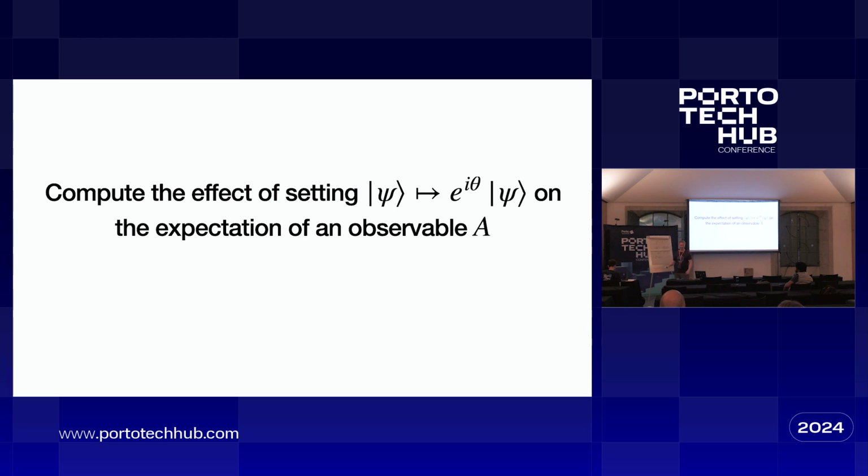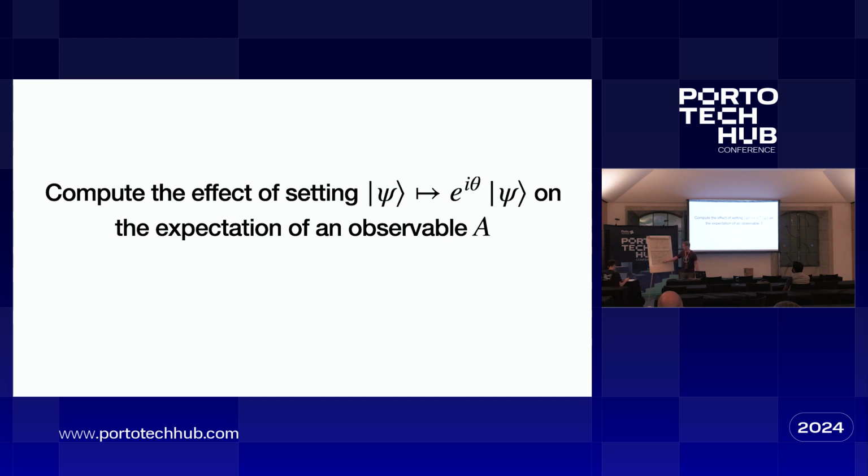The reason for that, we can see it here. What's the expectation value of some observable? Now let's take this state here. If I dagger this to get the bra, I'm going to get e to the negative i theta, the complex conjugate of this one, right? So I'm going to get psi, e to the negative i theta, times the observable.